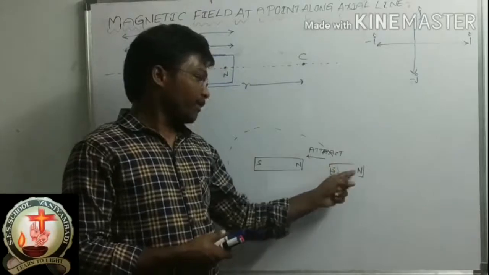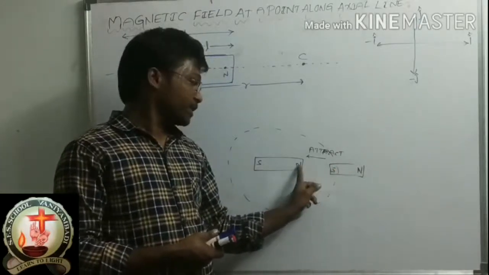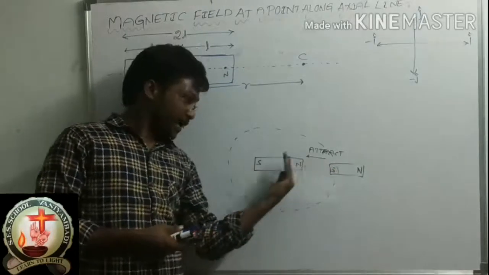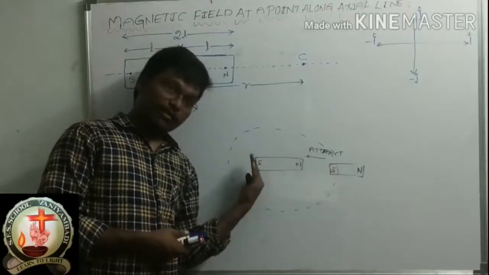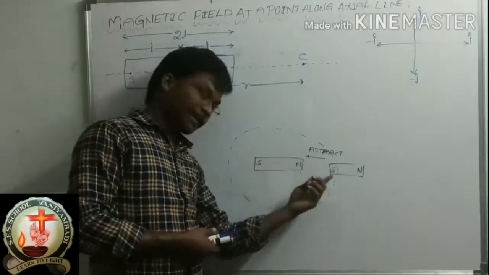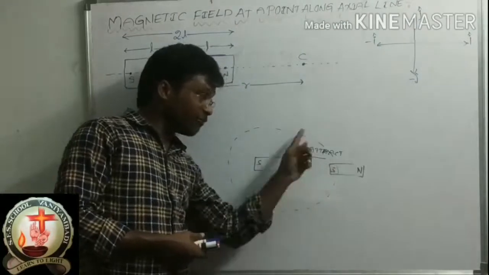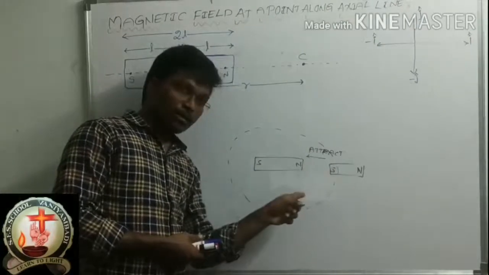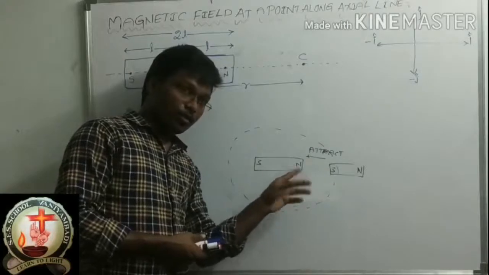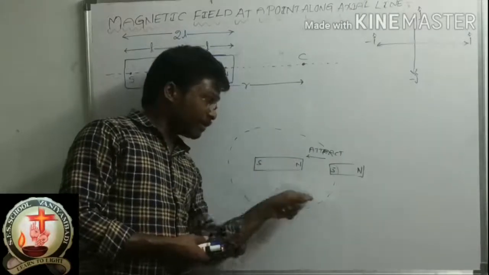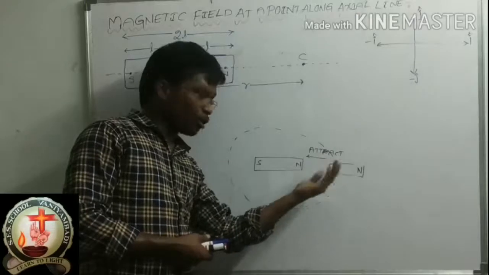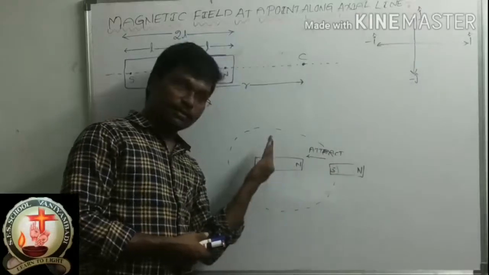Whenever you place the south pole nearer to this north pole, the magnet will be attracted. For what reason is this magnet attracting? Because this magnet is placed in the magnetic field region, so it will be attracted.